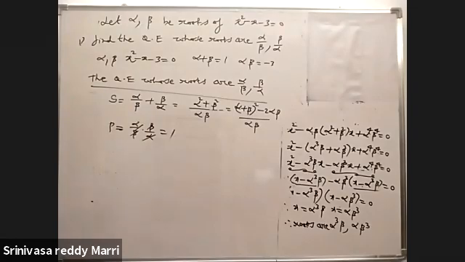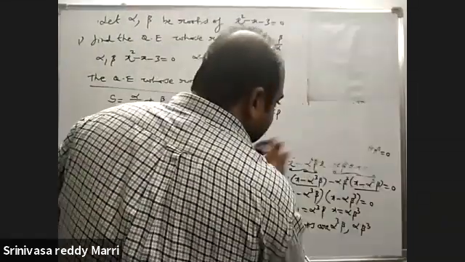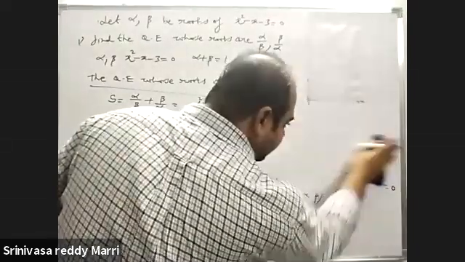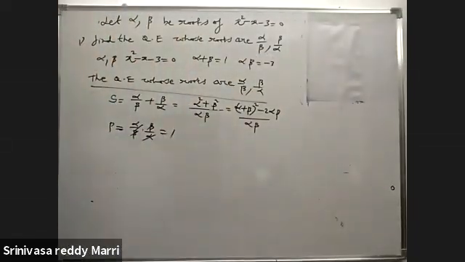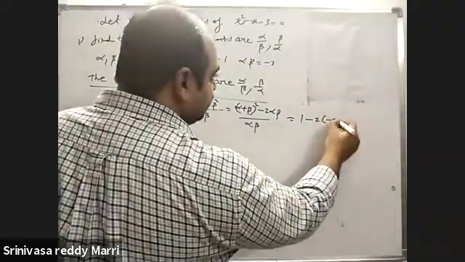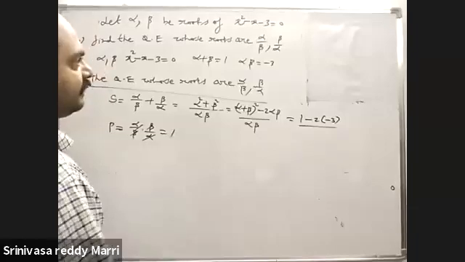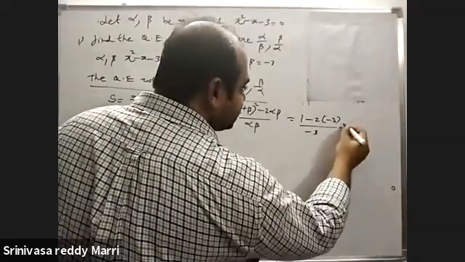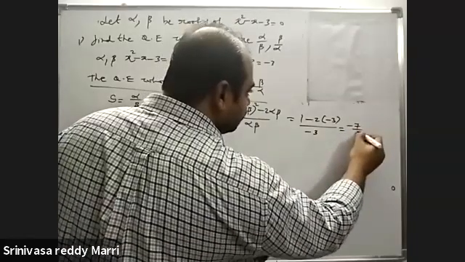That S value you have to calculate by using these relations between the roots. We have done a number of problems on this. So alpha plus beta whole square is 1, minus 2 into minus 3, divided by alpha beta, which is minus 3. So 1 plus 6, 7 by minus 3.